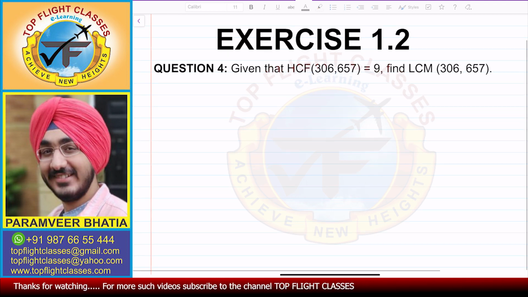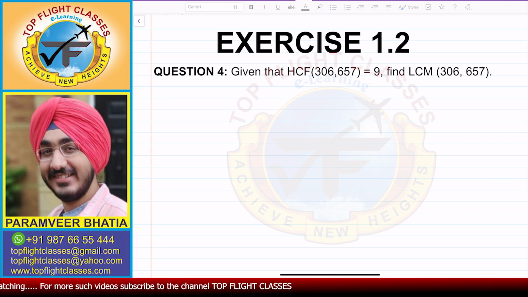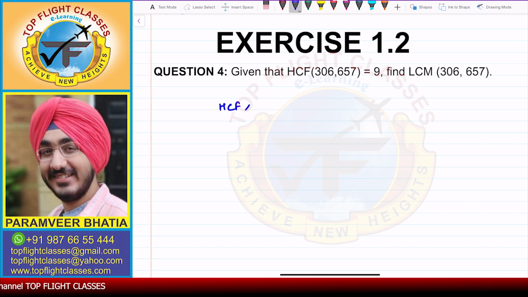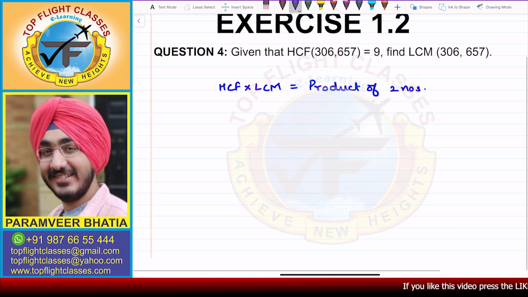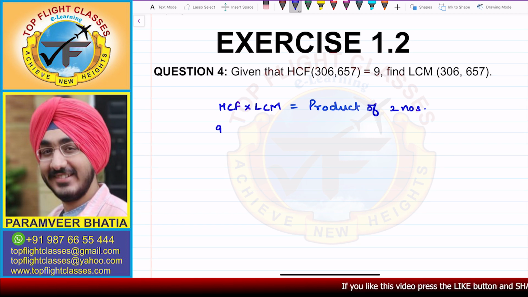So now to do this question we basically require the formula that the product of two numbers is equal to the product of their LCM and HCF. HCF multiplied by LCM is equal to the product of the two numbers. So now HCF is given to you in this case. HCF is equal to 9 and LCM you have to find out.